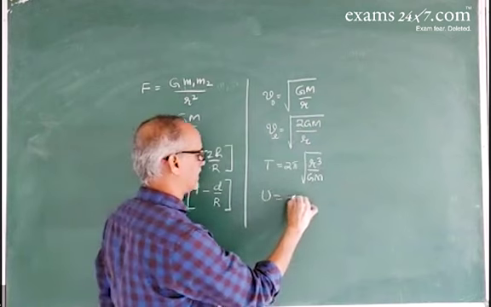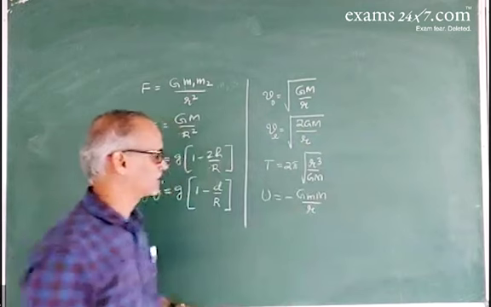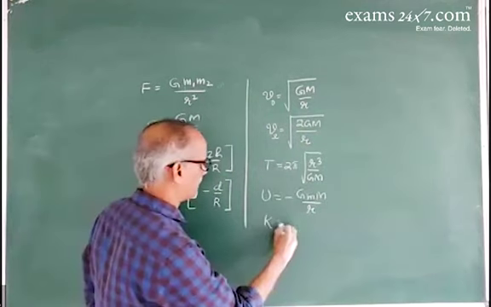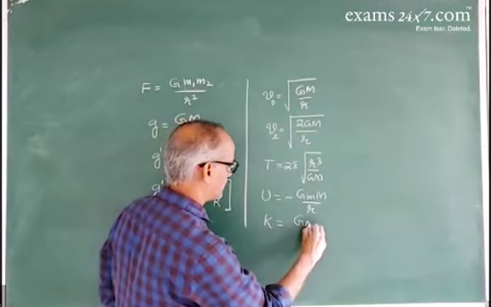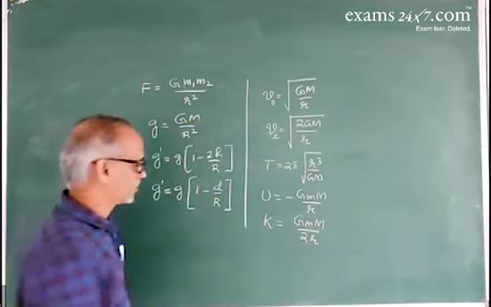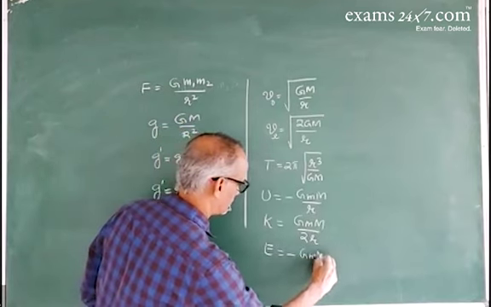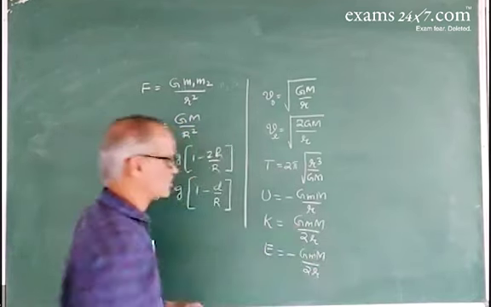Potential energy is minus GMm by r. Kinetic energy, GMm by 2r. The total energy E is equal to minus GMm by 2r.